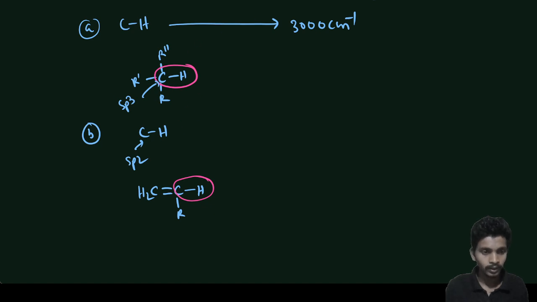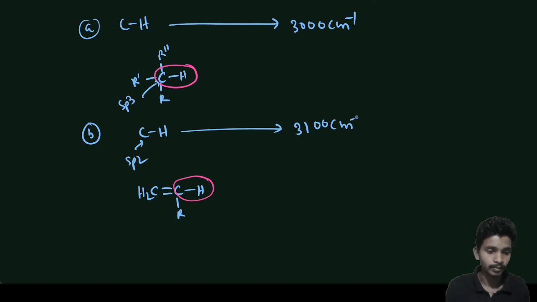Okay, so for this case, here the double bond has come, so whenever this double bond has come, then the S character is high, so electronegativity increases, so its IR value will increase.